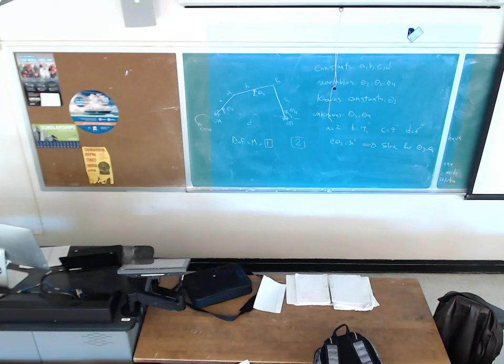So if this one is 115.21, theta 3,2 would be 360 minus 115.21, which is 244.79.